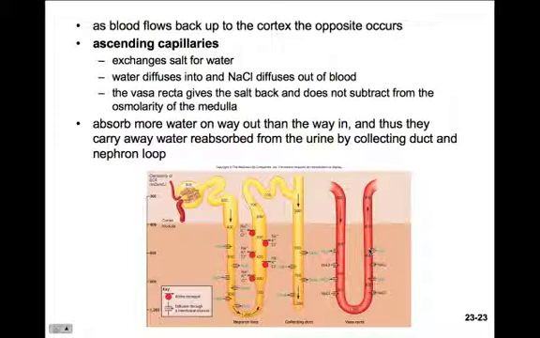Water is diffusing in as the solute concentration is now greater in the blood, and sodium, chloride, other solutes are diffusing back out. And after it's all said and done, we actually see that much more water leaves in the capillary blood supply, that which was reabsorbed from the nephron loop. So much more water is actually leaving in the vasa recta and re-entering the central blood supply.